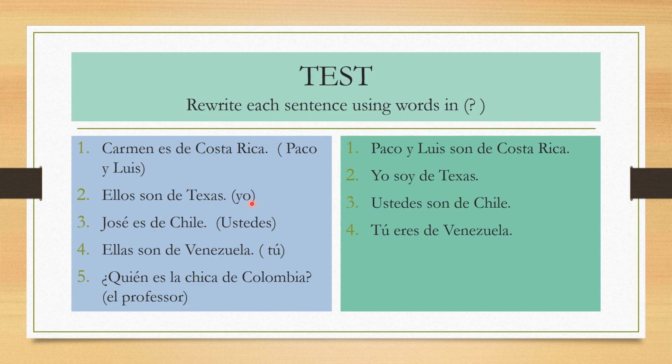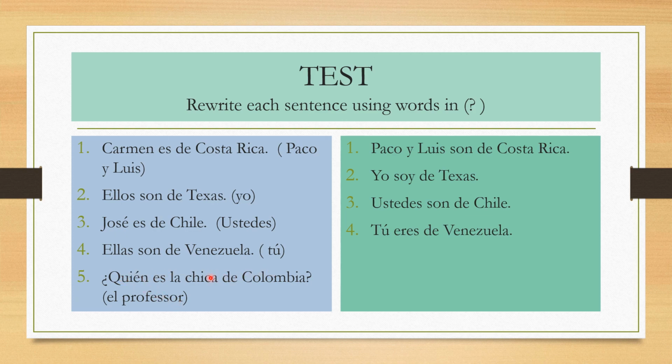Número cinco. Número cinco is a question. ¿Quién es la chica de Colombia? ¿Quién es la chica de Colombia? And now, so what are we going to substitute here? It's el profesor, but what is the subject of número cinco?